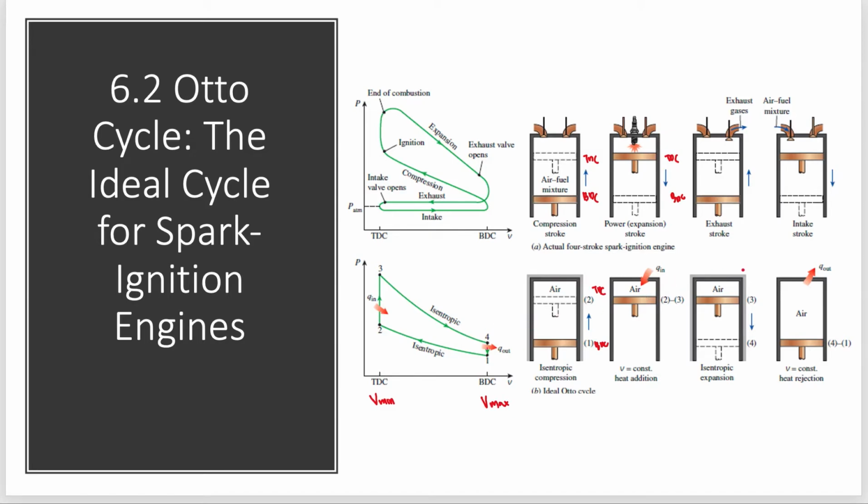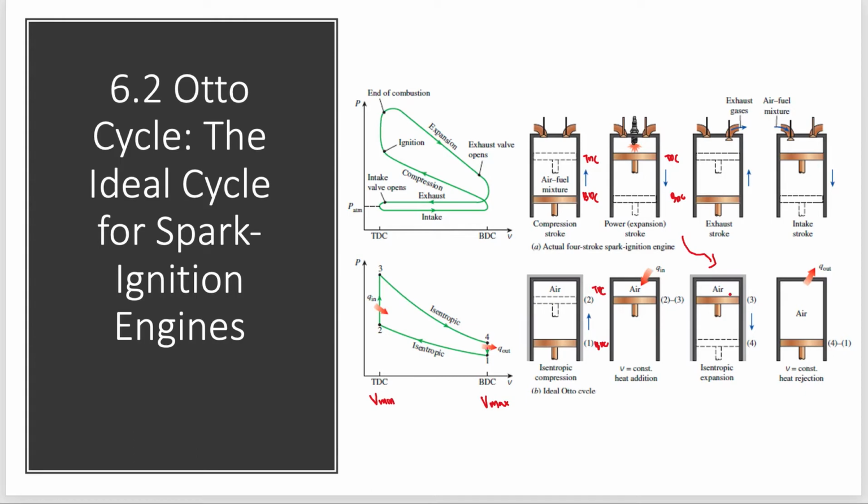Expansion: it moves here from 3 to 4, from TDC to BDC, and we call it isentropic expansion.